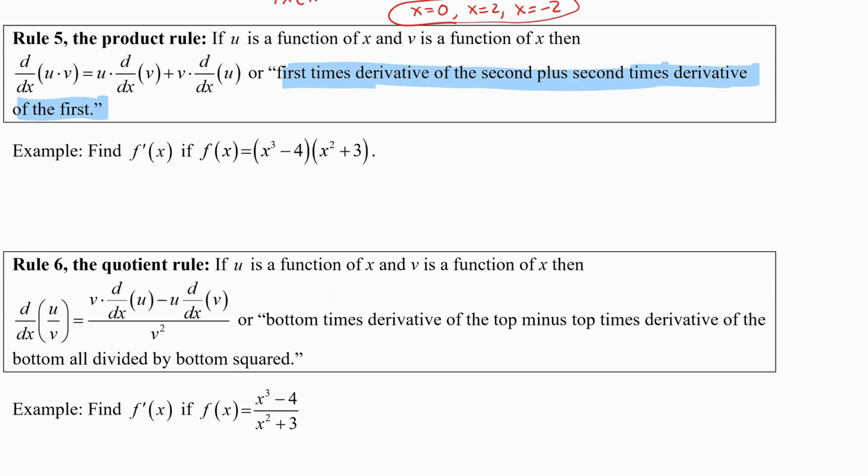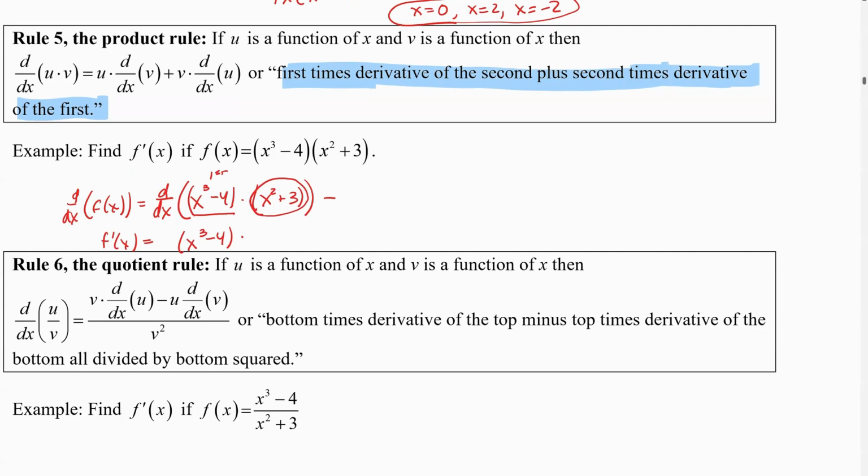It says, you want to take the derivative of f? Take the derivative of this expression, which can be thought of as 2 different functions of x. This is fine. You can do that. You'll get f prime. And we say first, x cubed minus 4 is what we're going to call first, times the derivative of the second.